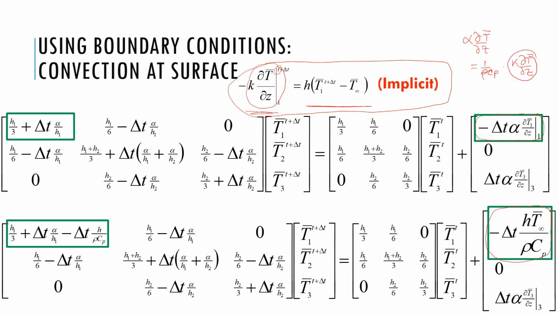So all of these things are known now. H is known, and T infinity, the boundary temperature, is something that is known. So this is now known. Okay, so that is how we handle the three types of boundary conditions.